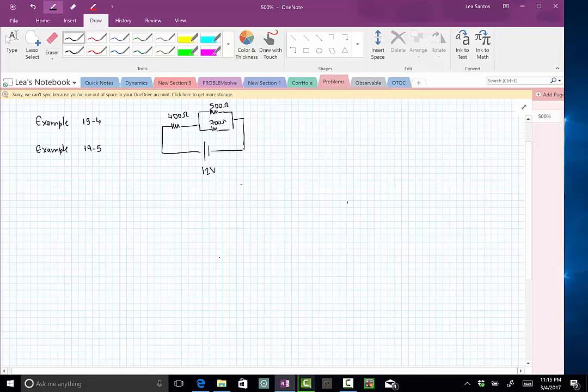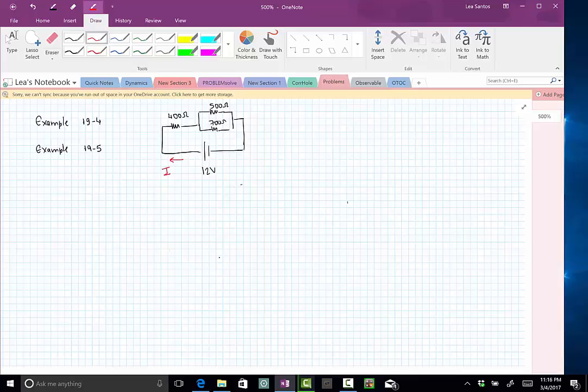Okay, we have all these resistances, we have the battery, the potential difference, and we want to know what is the current that is drawn from the battery. Okay, so how are we going to solve this problem? The first thing to do is to try to find the equivalent resistance of this circuit.